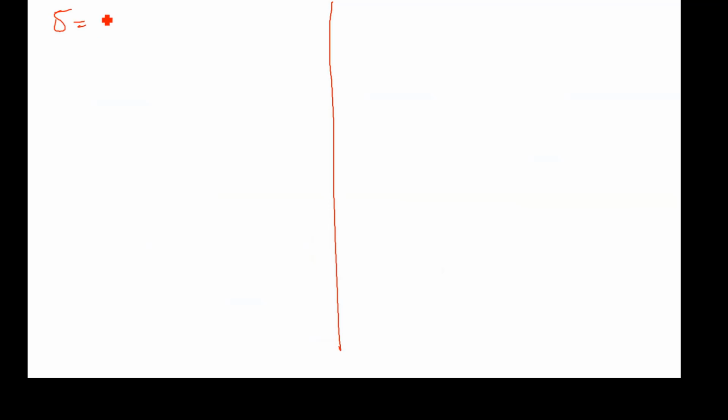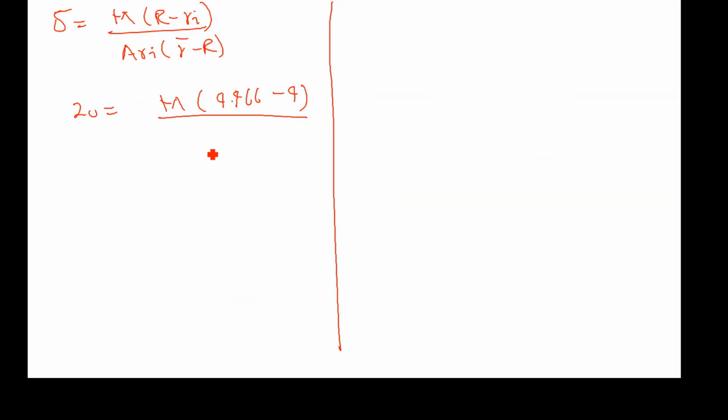We will write down this equation as sigma equal to M into (r minus ri) divided by A into ri into (r bar minus r). So putting these values, we get 20 equal to M into (9.966 minus 9) divided by 4 into 9 into (10 minus 9.966).